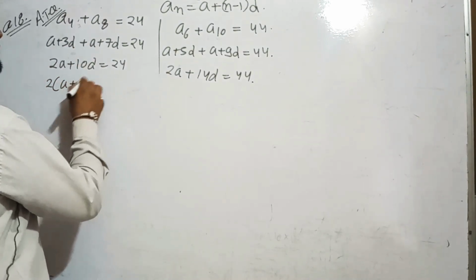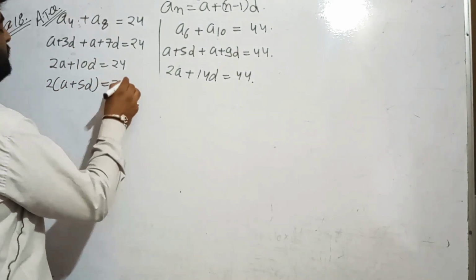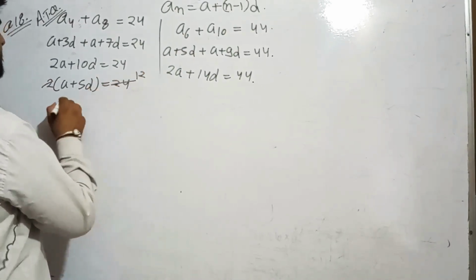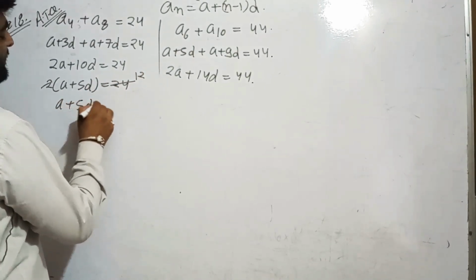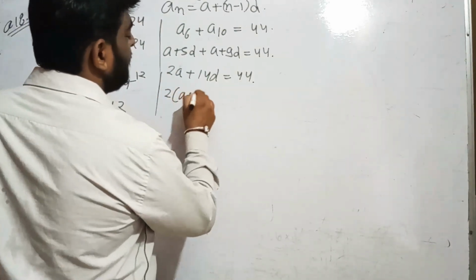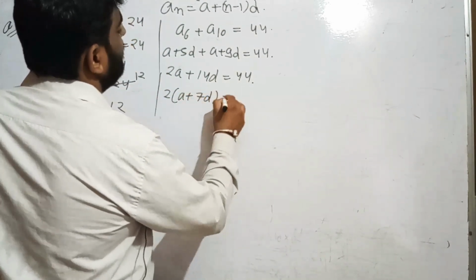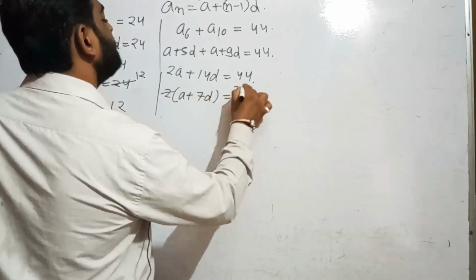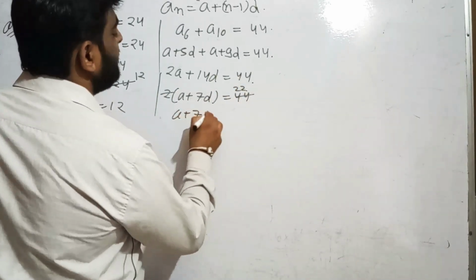To simplify, take the common 2, and the remaining is a plus 5d equals 12, and similarly a plus 7d equals 22.